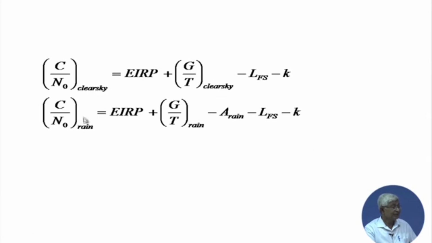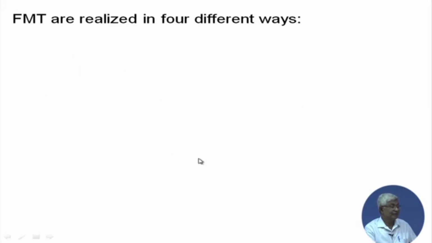Therefore your C by N naught in clear sky is EIRP plus G by T clear sky minus free space loss minus K. Now with rain, C by N naught rain is EIRP plus G by T of rain minus A rain minus LFS, that is path loss or free space loss, minus K. So EIRP is reduced by A rain and G by T is also reduced. So double effect is happening.